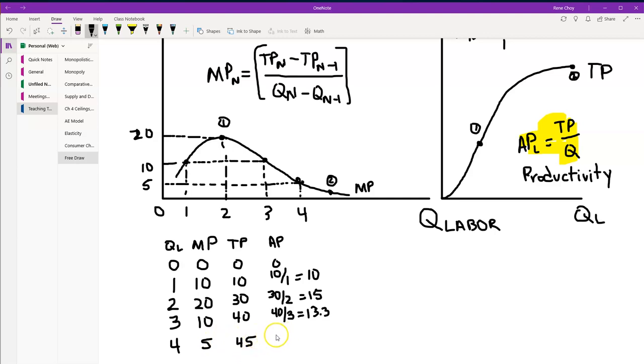And my average product will be 45 divided by 4, or 11.25. All right. Now we can also graph average product, and average product kind of looks like this.